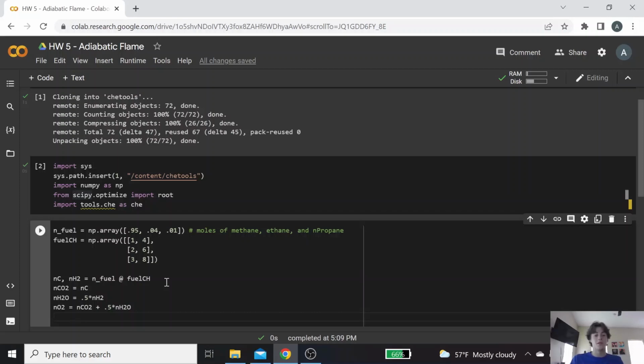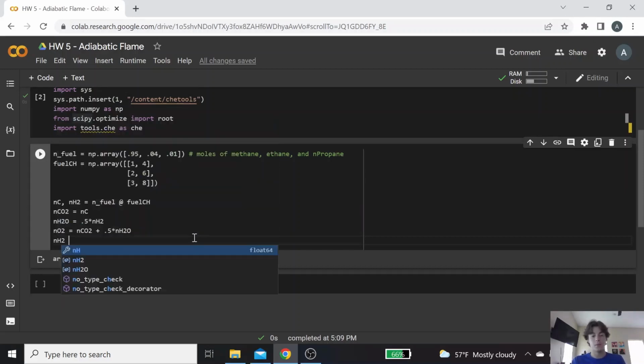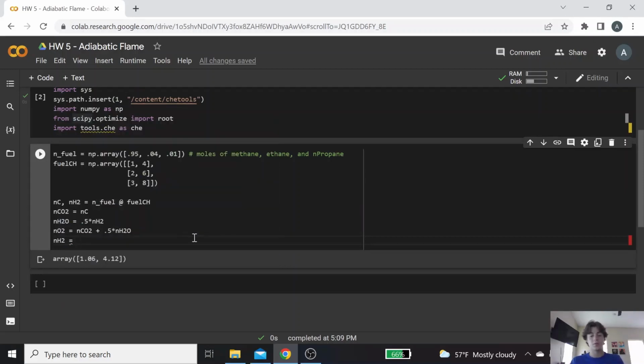And the last piece we need to get at is the moles of nitrogen. And this will just be equal to the ratio of nitrogen to oxygen in air, which is 79/21 times our moles of oxygen.